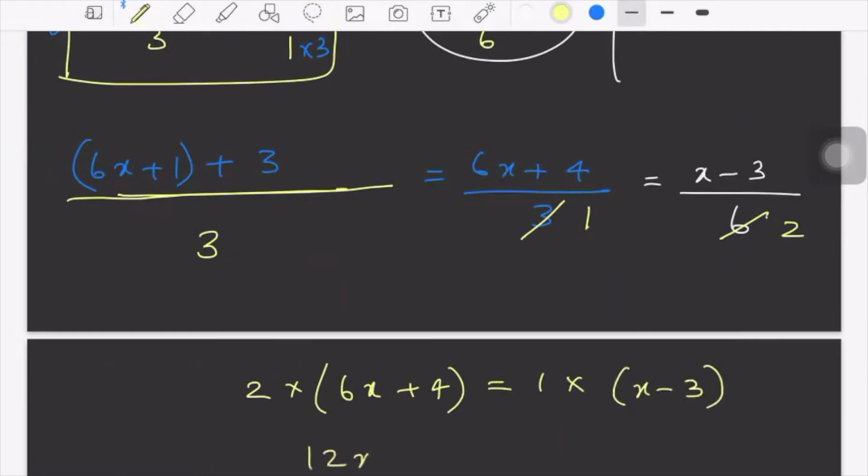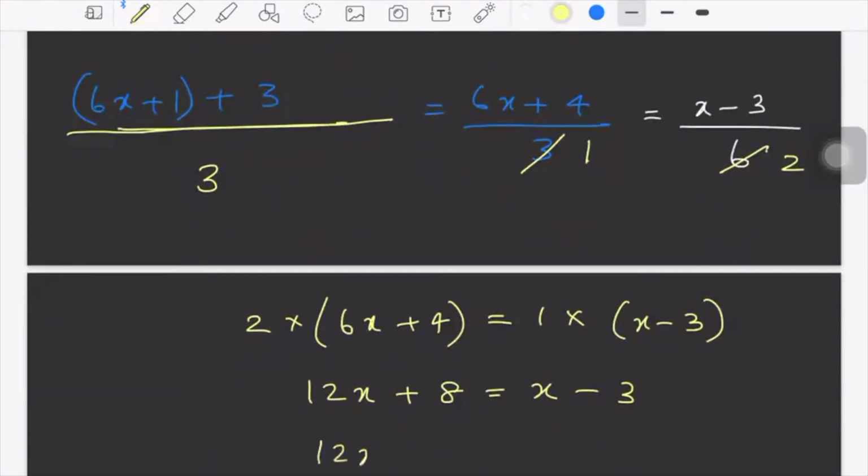So we have 12x plus 8 is equal to x minus 3. Again, the same math. We have 12x minus x is equal to minus 8 minus 3. We have 11x is equal to minus 11. And your x is minus 11 divided by 11, which is minus 1. Cool.